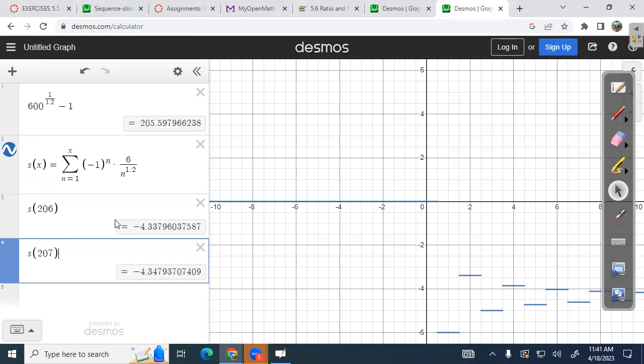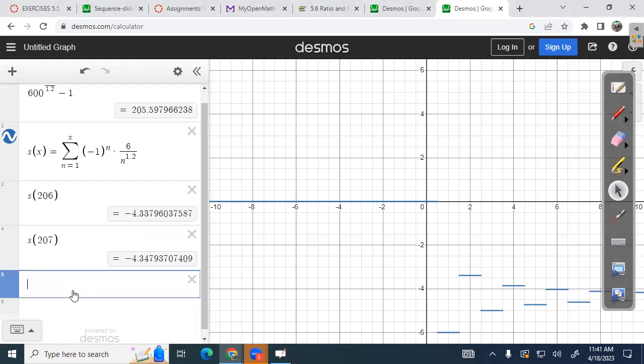Let's see. Yeah, they are less than 100th apart. 0.337 versus 0.347. So we're just under 100th apart there.